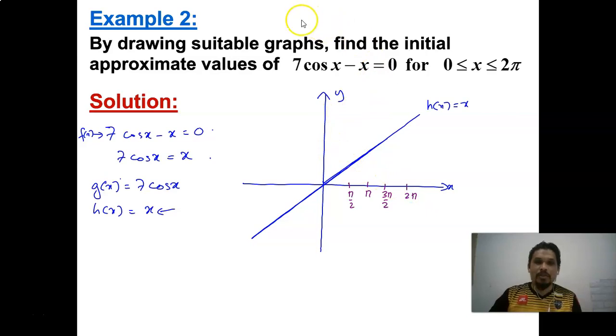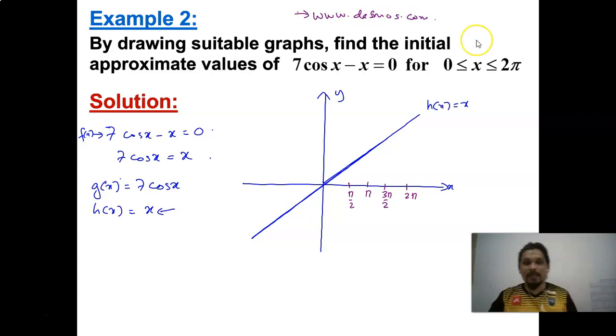You may find the graph of this using your apps in your smartphone, or you may go to the website www.desmos.com. Okay, this is the only graphical website that I know. You might know better than me. Okay, it's all up to you then.